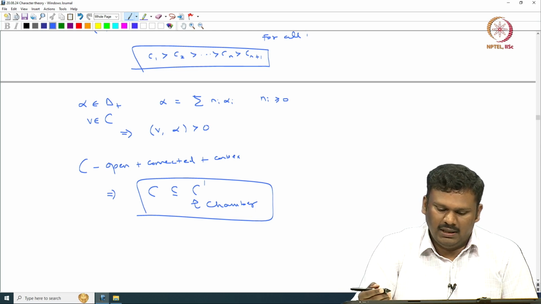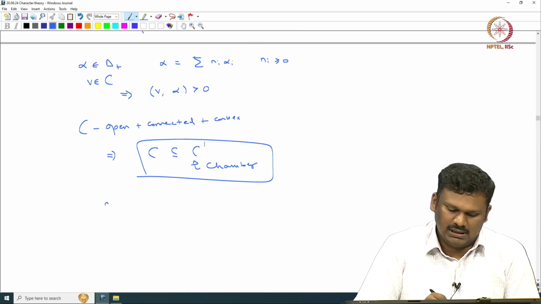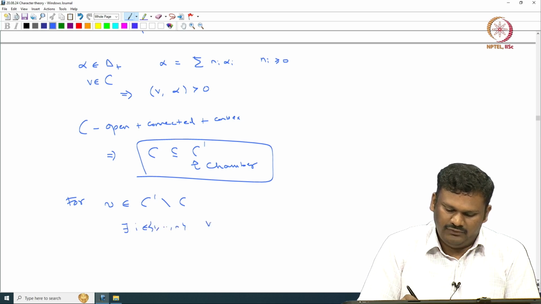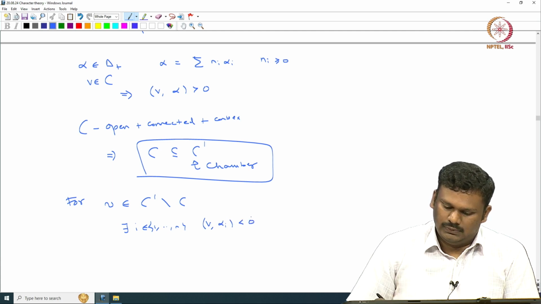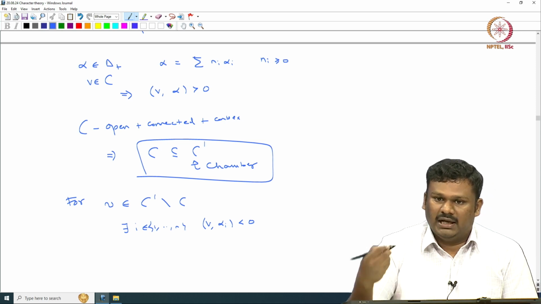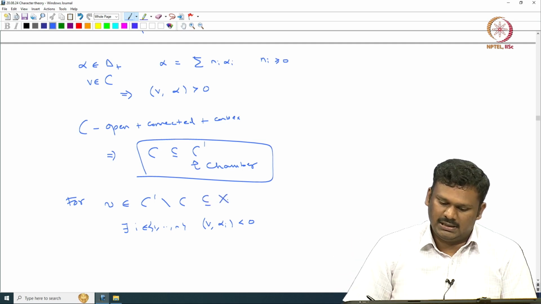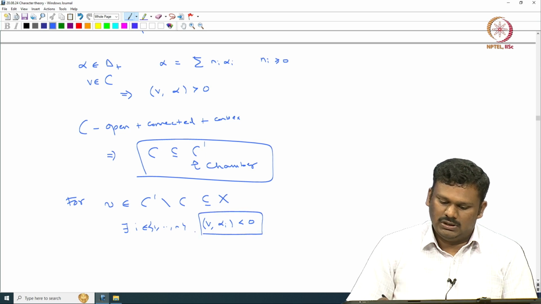But if you have anything bigger than this C, let us say some vector V you take from C dash different from C, then it is clear that for this vector there exists i from 1 to n such that (V, alpha i) must be less than 0. Because (V, alpha i) cannot be equal to 0, then it would lie in the hyperplane, but we are working in the complement since this is all happening inside X. So, (V, alpha i) must be less than 0.